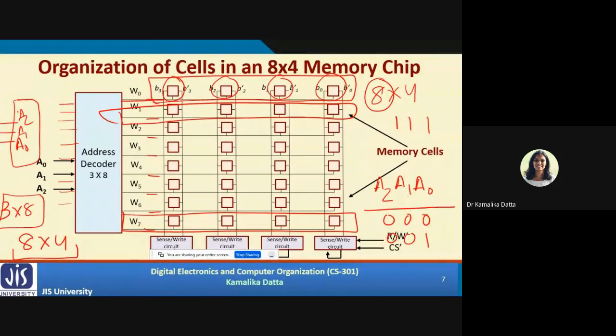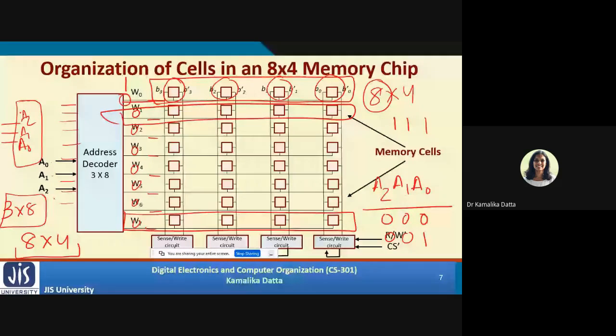When the decoder address is 000, the 0th line will get selected. This will be 1 and all other lines will be 0. Agreed? This is how your decoder works. If the decoder input is 001, this will be 1 and so on.